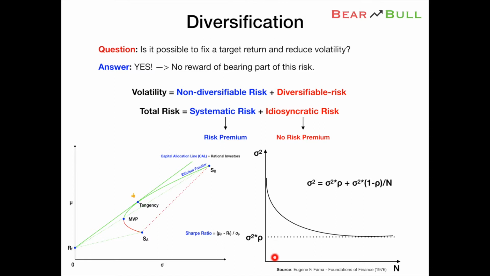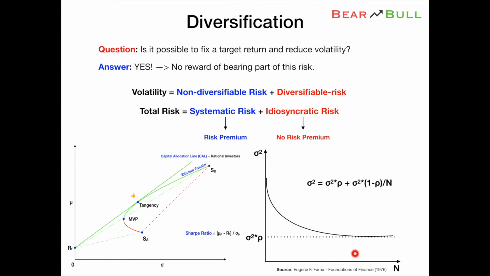Here we have a plot where the x-axis is the number of assets in our portfolio, and the y-axis is the variance of the portfolio. We can see that by adding assets to the portfolio, the variance reduces rapidly, following a rational function shape here.